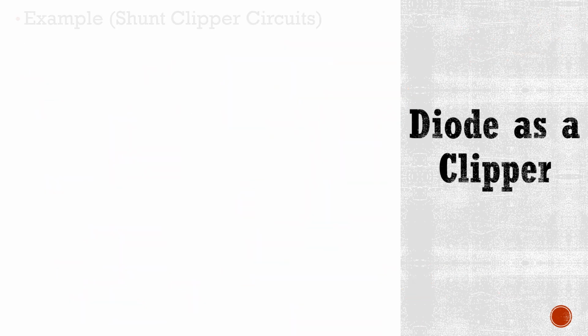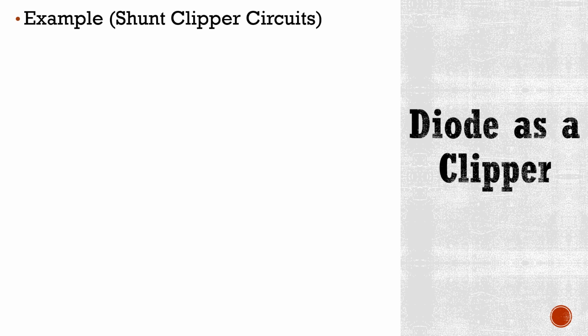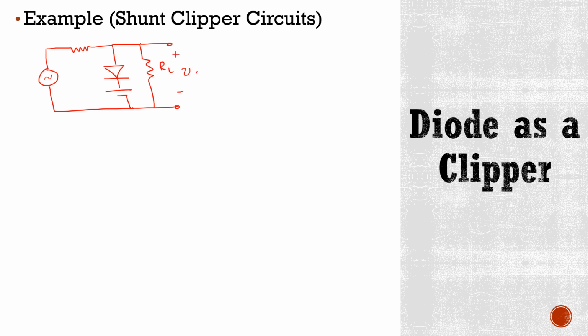Now look at this example. If you have a circuit like this, where this is RL, and here we have V0, this is Vi, this is R1, and this is the DC battery.